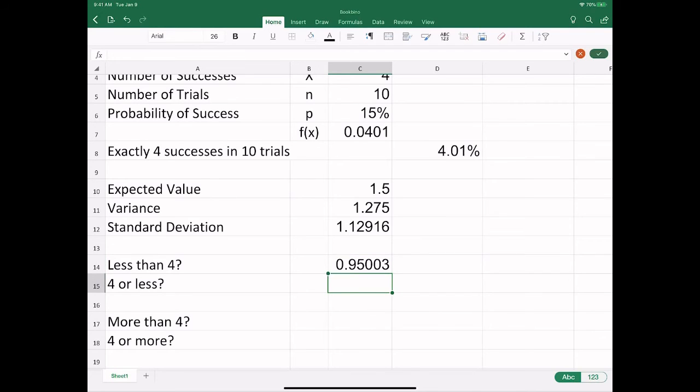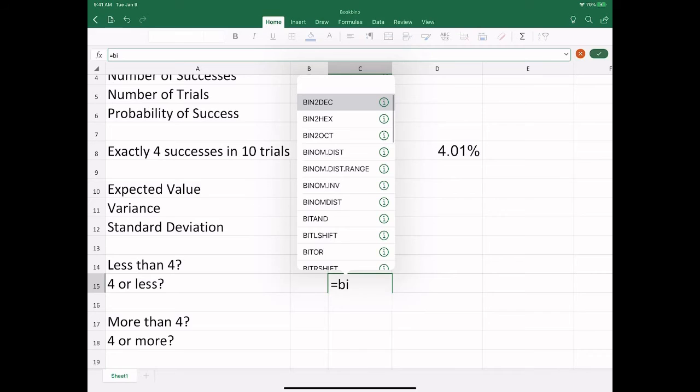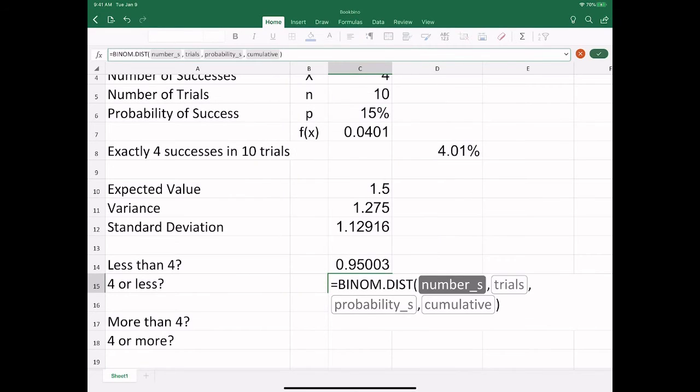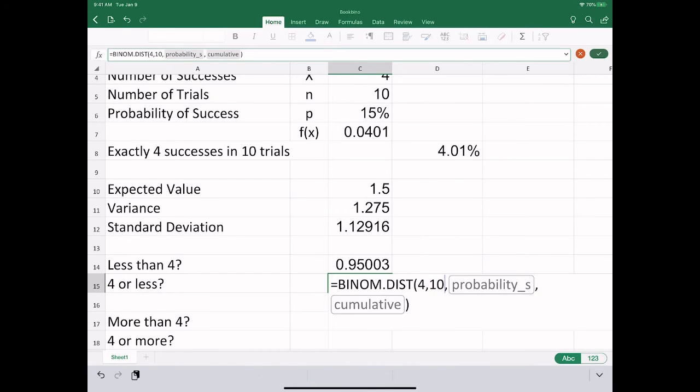Now, if the way it was asked was 4 or less, I would still start out by saying this is binomial distribution. The number of successes, 4 or less. So I am interested in 0, 1, 2, 3, and 4. So the number then that I would have to put in here is 4. The number of trials are 10. The probability of success, this time I'll just enter 0.15.